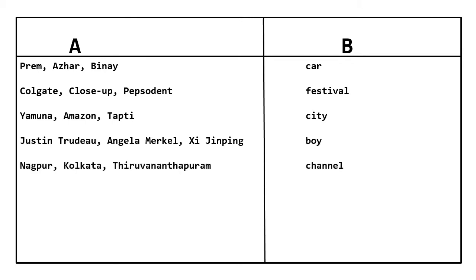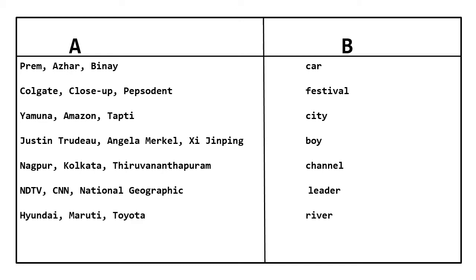Nagpur, Kolkata, Thiruvananthapuram. Next is NDTV, CNN, National Geographic. Hyundai, Maruti, Toyota. Then the last is Diwali, Onam and Eid.